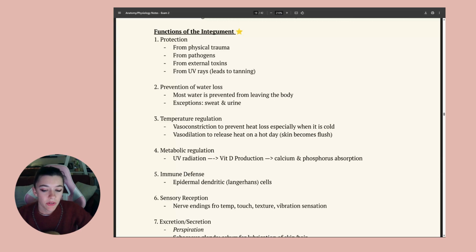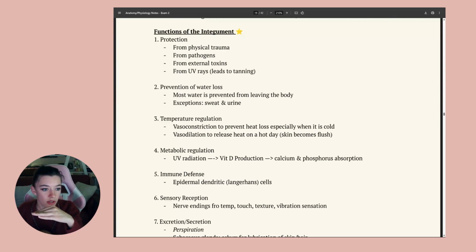Next, temperature regulation. You have vasoconstriction and vasodilation. If you can break those down: constrict, gets smaller; dilation, gets bigger. That's going to be your vessels. So vasoconstriction, when it gets smaller, it prevents heat loss because the vessels are going to stop going to the very surface of your skin and releasing heat that way.